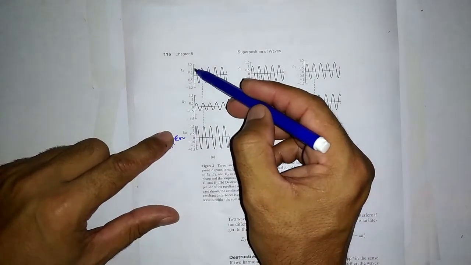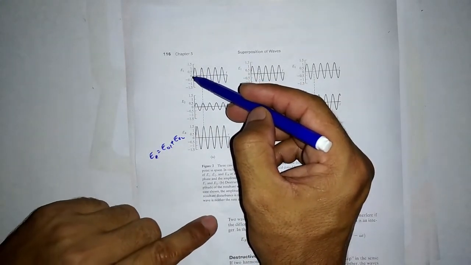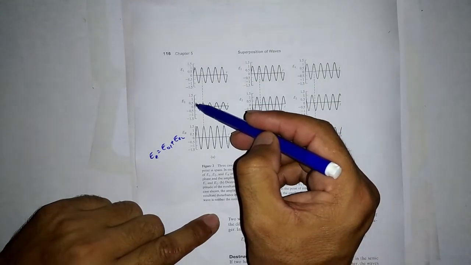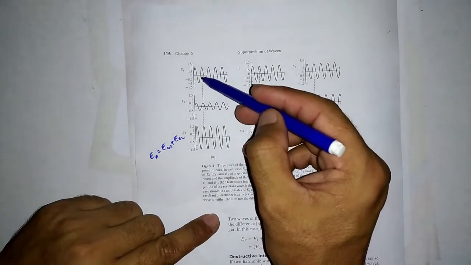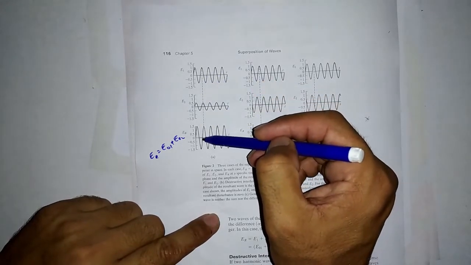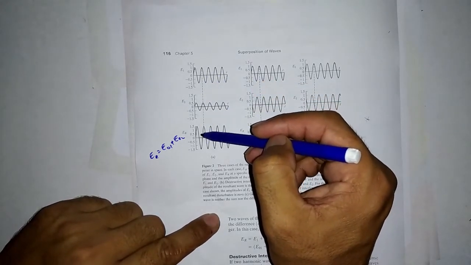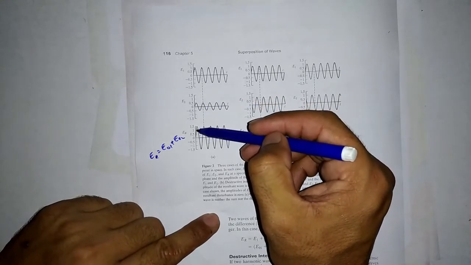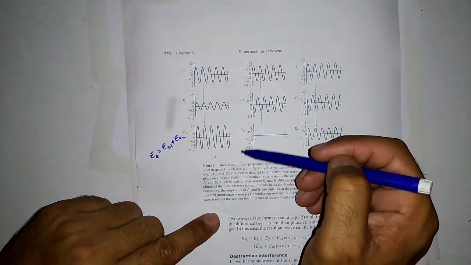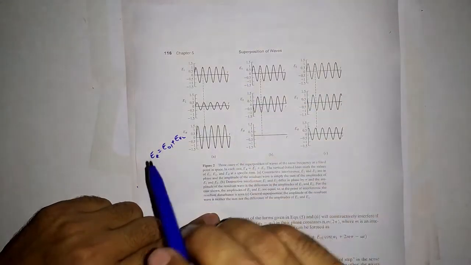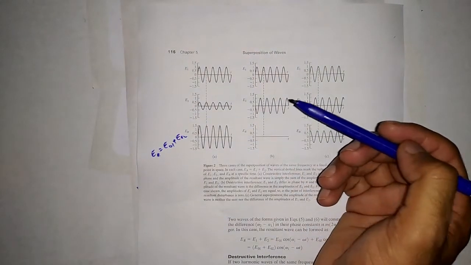Here this wave has an amplitude of about 1 and this wave has an amplitude of about 0.5. As you can see, they are exactly in step, so the amplitude of the resultant wave is simply their sum, which is 1.5. Clear? And the resultant wave has exactly the same frequency as the individual wave.